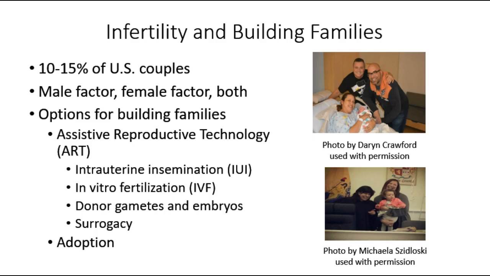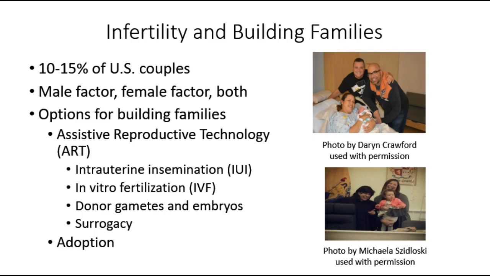And then you can also use surrogacy, which is where a woman carries the baby for someone else. And then there's also the way to building your family, even if you don't experience infertility, which is adoption. That can be done through foster care, privately, or through public agencies, in the U.S., and it can be done in foreign countries.